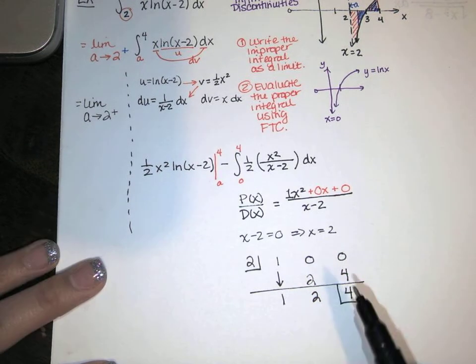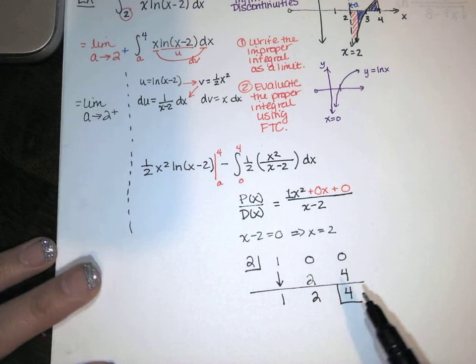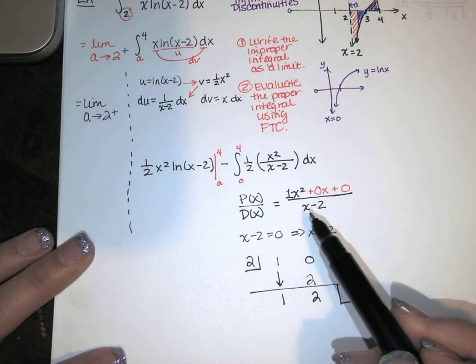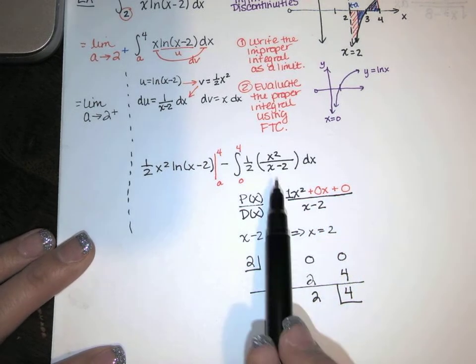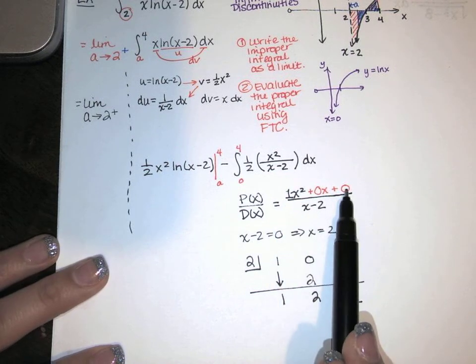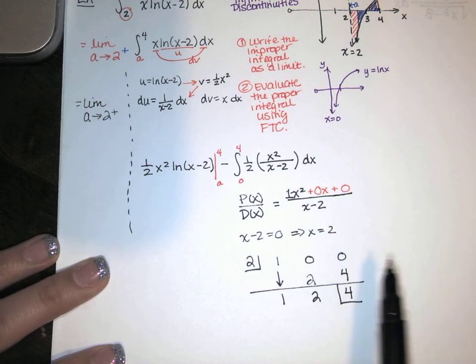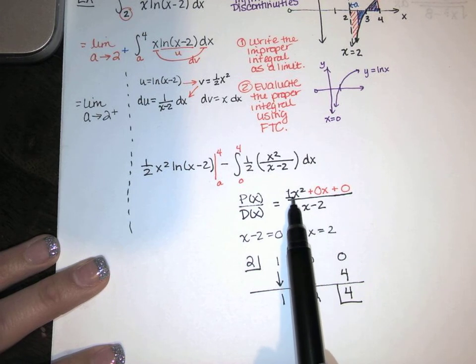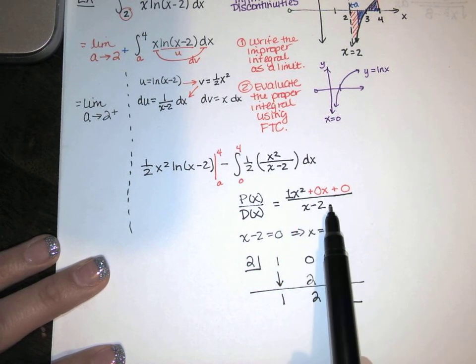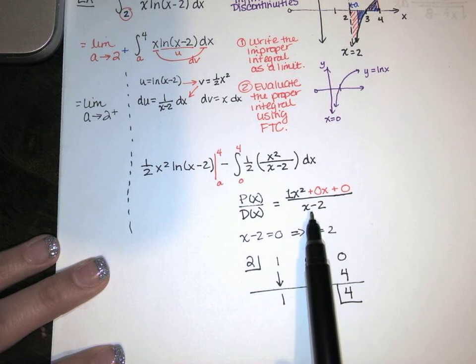Now that last number is your remainder, and these are the coefficients of the polynomial that's left after you divide by the x minus 2. Now the polynomial in the numerator was a second degree polynomial. It started with an x squared. When I divide a second degree polynomial by a first degree polynomial, the power goes down by 1.